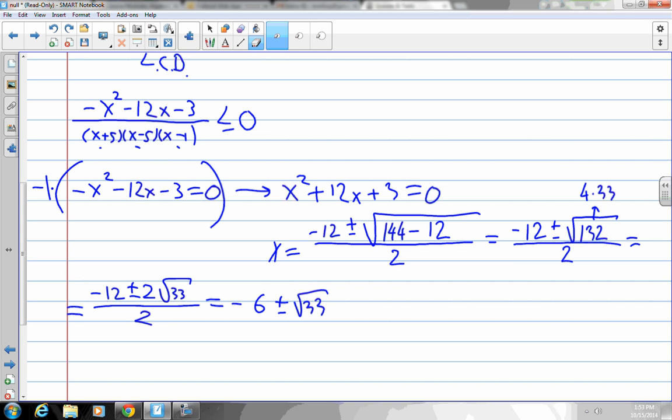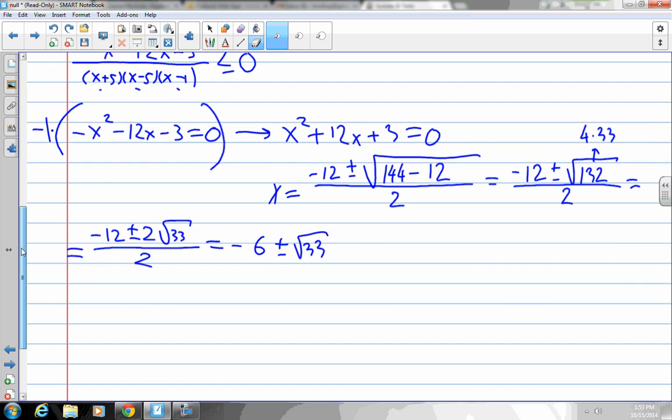Yeah, you'll get the same exact answers. It's just a little harder to keep track of all the negatives. But you get the same exact answer if you solve it as it's written.